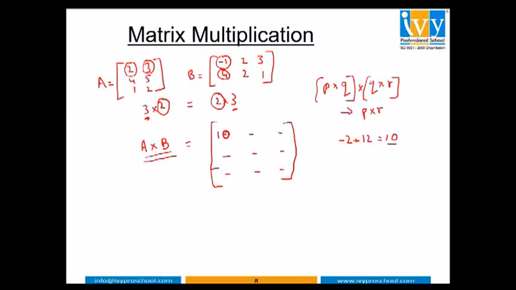Now for this element we would do something like this. This element will be multiplied by 2, I'm sorry, 2, which is 4, and 3 will be multiplied by this element, which is 6, so which is again a 10.